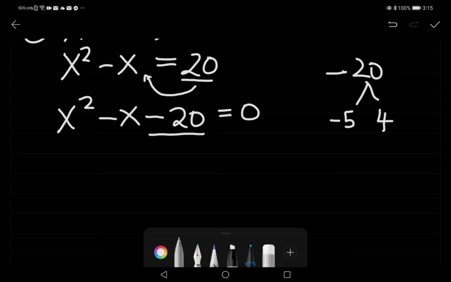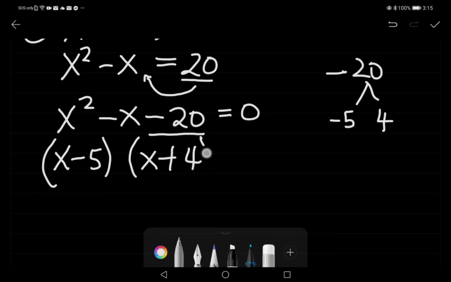So, the factor is (x minus 5) (x plus 4) is equal to 0.